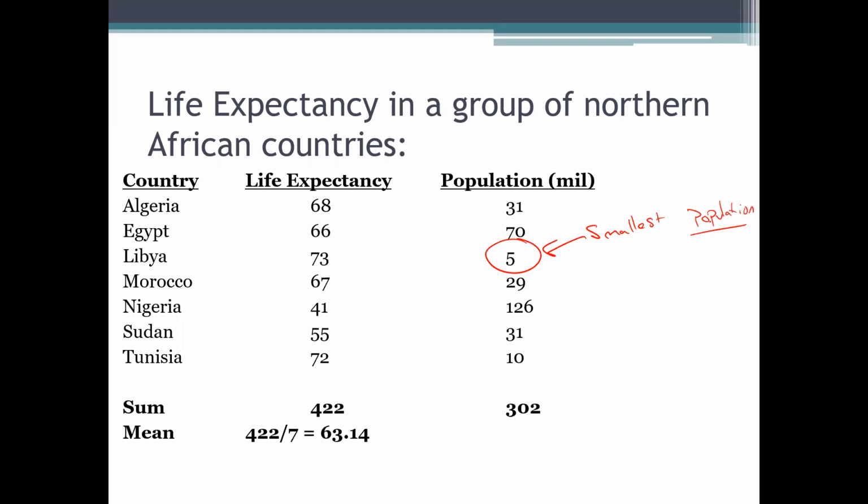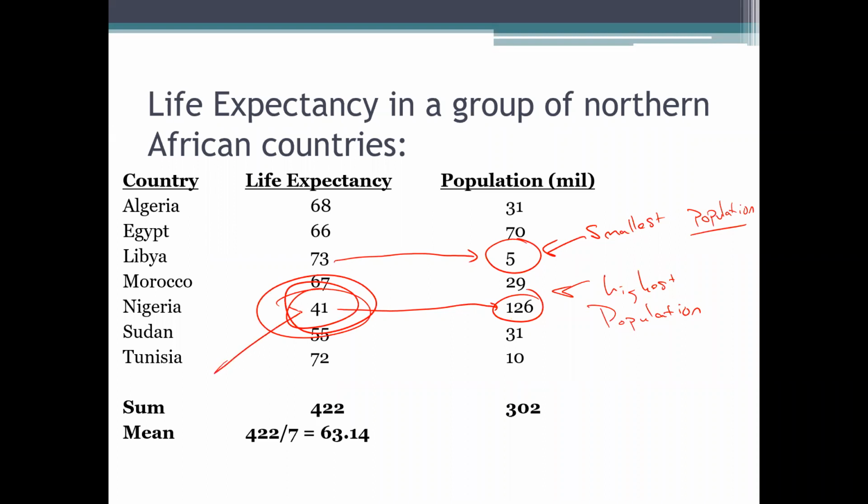And which one has the highest? Okay, so we'll look here. If you wanted to calculate a better indication of what the life expectancy is across these Northern African countries, you'd want to take into account that Nigeria has roughly 25 times the population of Libya. So you probably want to weight this value more.